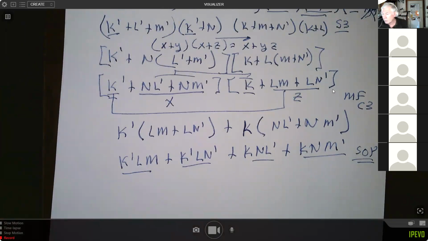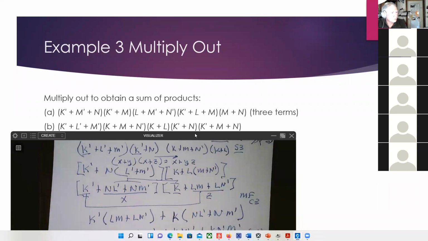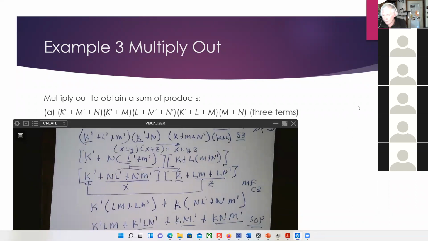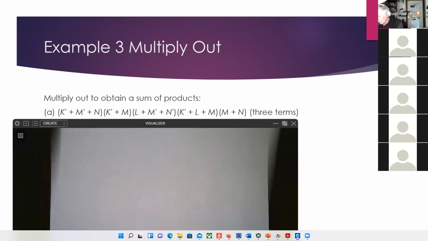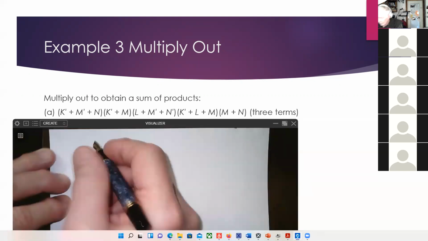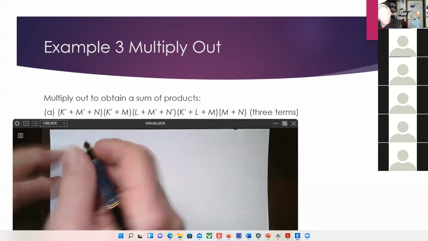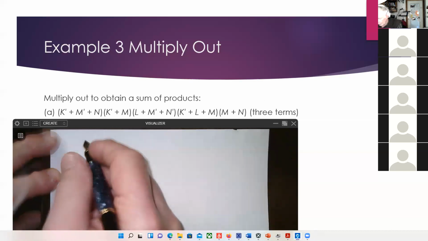Let's go back and look at this other one, and I'll try and take a slightly different path and not get into as much trouble. So again, we eliminated the K prime plus L plus M term. All right.